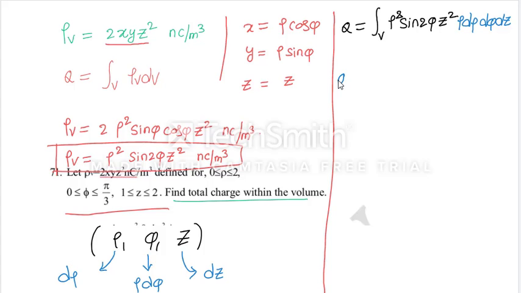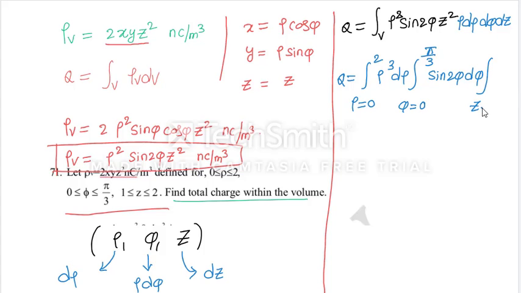So from this I can get my Q. We can split the limits here. The rho limits are 0 to 2, and the rho terms give rho cube into d rho. The phi limits are 0 to pi by 3, and the phi terms are sin 2 phi into d phi. The z limits are 1 to 2, and this is z square into dz.